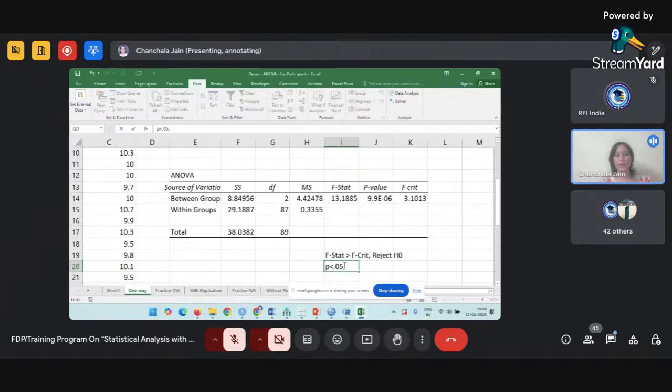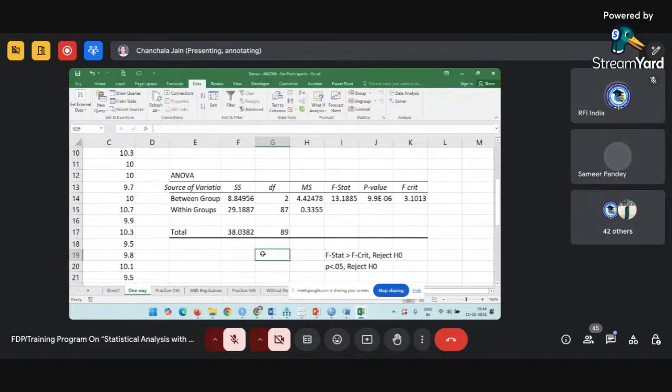That means again it is telling you to reject your null hypothesis. So either this or this, any of the thumb rules you can use to come to the conclusion of acceptance or rejection of the hypothesis. Is it done? Clear? Any doubts for anyone? Friends, done? Note it down, right?